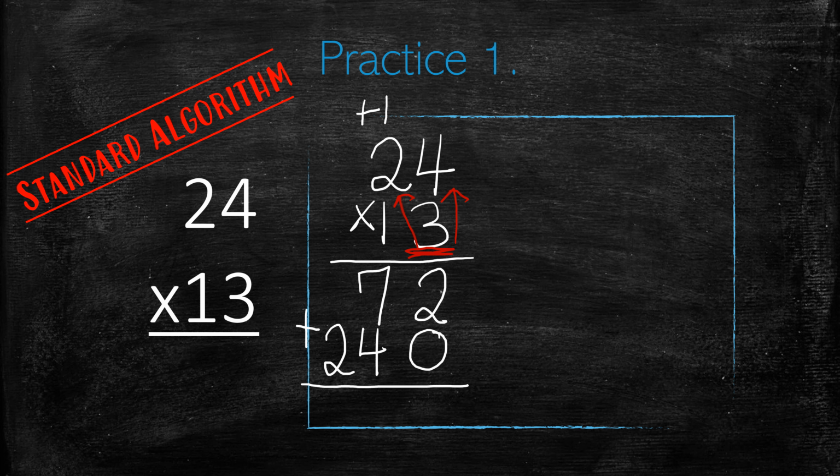So 2 plus 0 equals 2. 7 plus 4 equals 11. We're going to put our 1 down here. We're going to put our other 1 at the top, and then 1 plus 2 equals 3. And just like that, our final answer is 312. All right, 312.